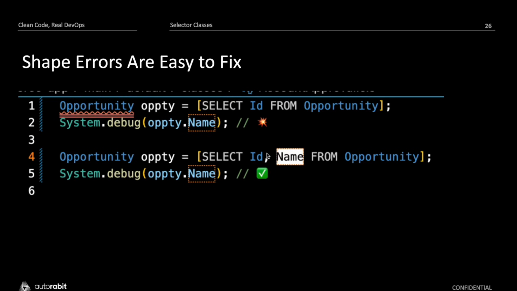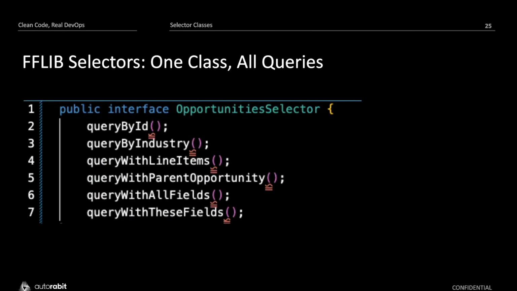Like, it takes literally 2 seconds to add that field to the query and move on, versus having a lot of different variations of the same query in a selector class. And also the other thing is that, again, a selector class is then prone to merge conflicts because everyone is working on the same class, everyone is adding different queries, and you end up with the same problems of a gigantic class.